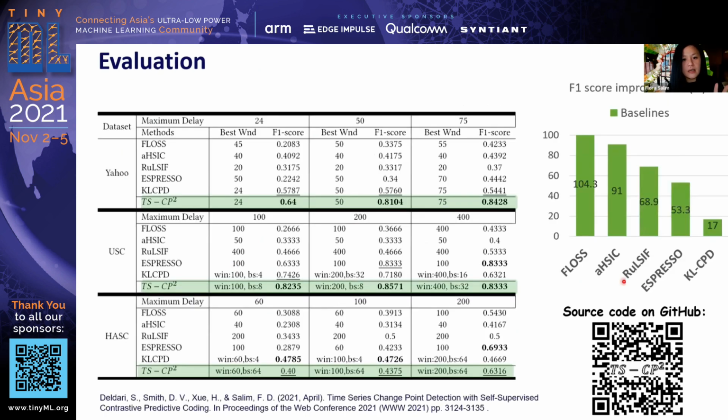We compare ourselves with a couple of methods, including KLCPD, which was the previous state-of-the-art method for anomaly detection at NeurIPS. Ours beat that method, and we also beat our own Espresso method. But as you remember, Espresso is much more computationally efficient if you want to try it. KLCPD is more expensive in terms of computation, but it's very effective.